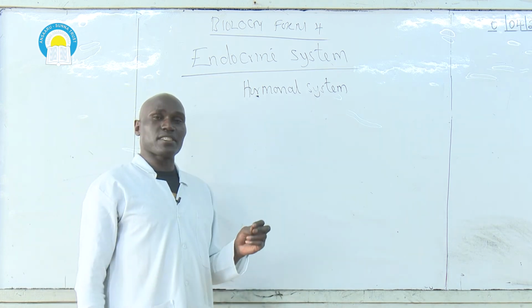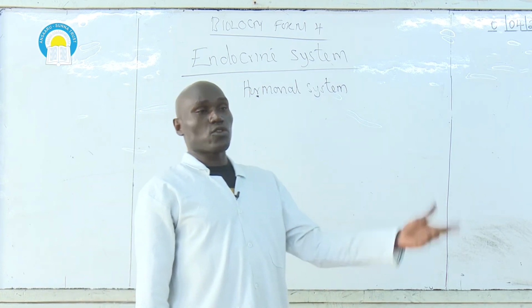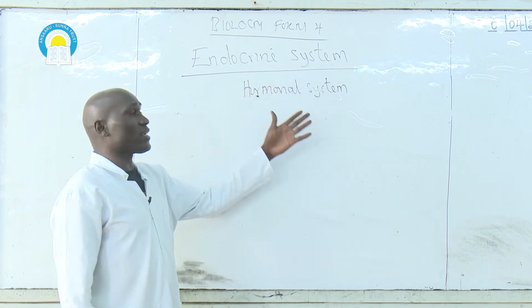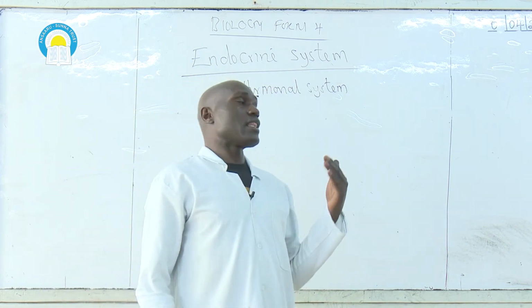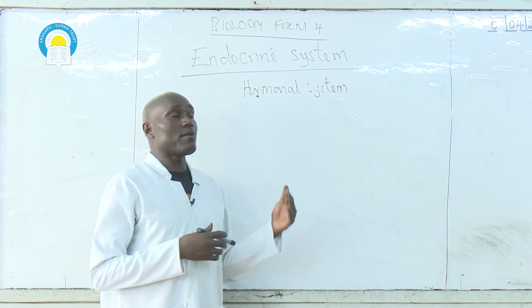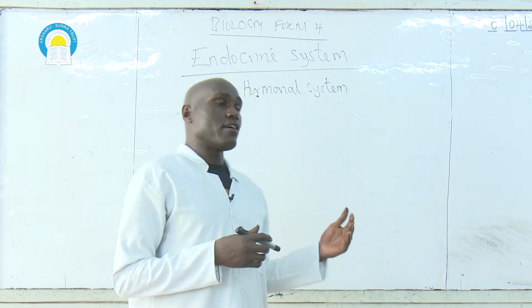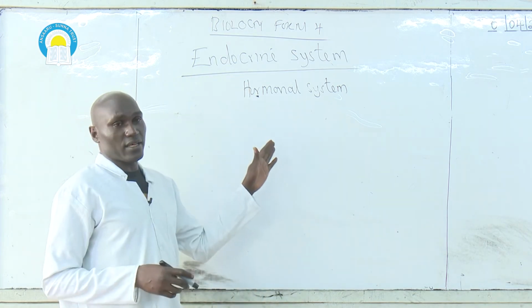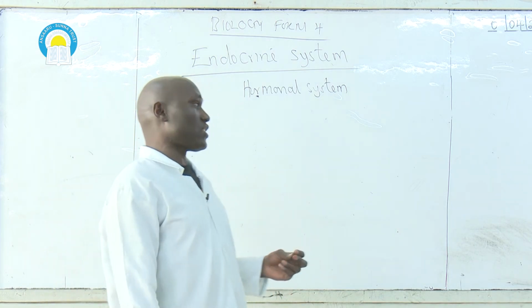It's the chemical substance that makes nerve impulse move across from one neuron to the next neuron. In endocrine system, hormones are the chemical transmitter substances that ensure that a particular message is passed over from one part of the body to another. That means it's hormones that will bring about physiological changes within the body.